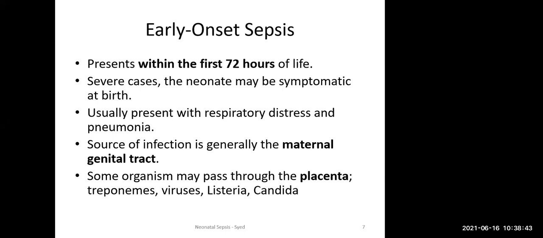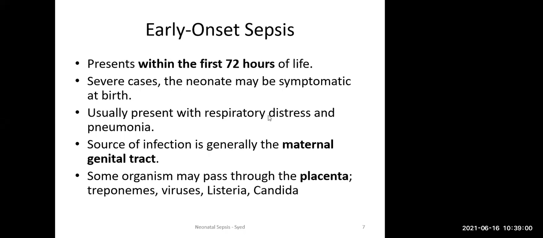And in problems like chorioamnionitis, if the amniotic fluid is infected, it is in direct contact with the lungs of the baby.